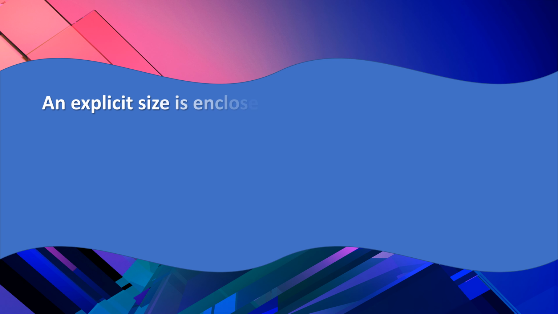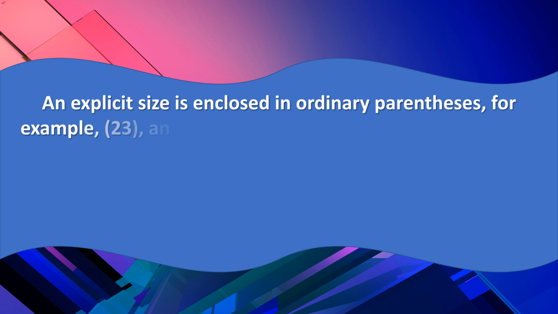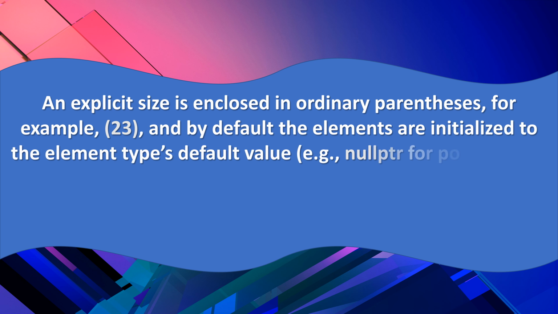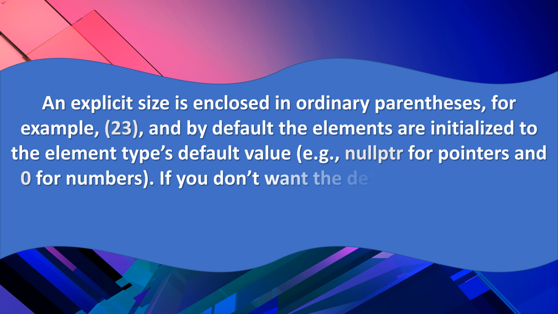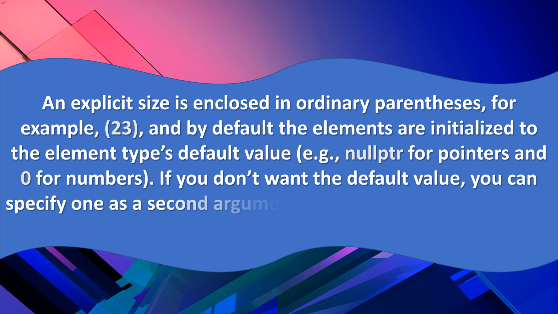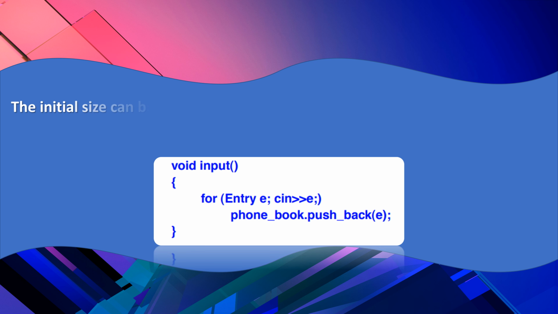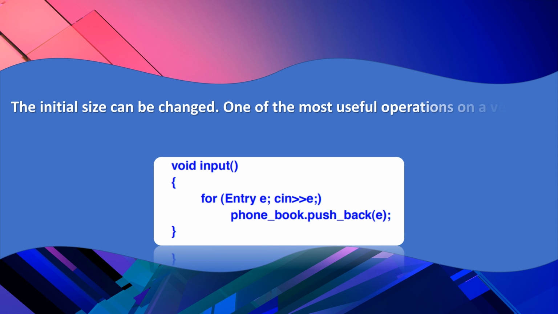An explicit size is enclosed in ordinary parentheses, for example, (23), and by default the elements are initialized to the element type's default value, for example nullptr for pointers and 0 for numbers. If you don't want the default value, you can specify one as a second argument, for example 9.9 for the 32 elements of v4.